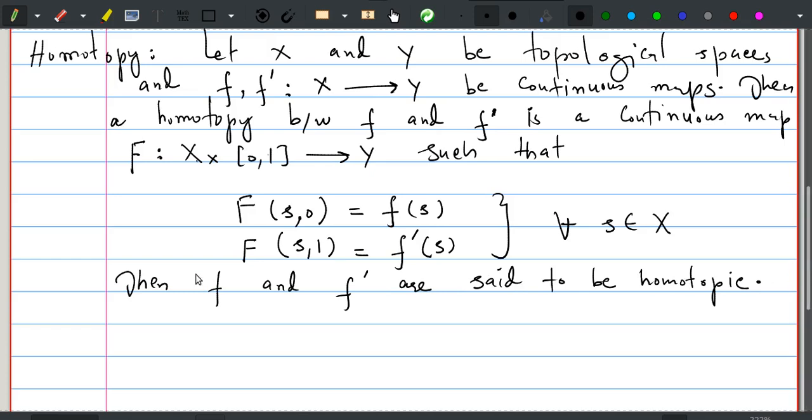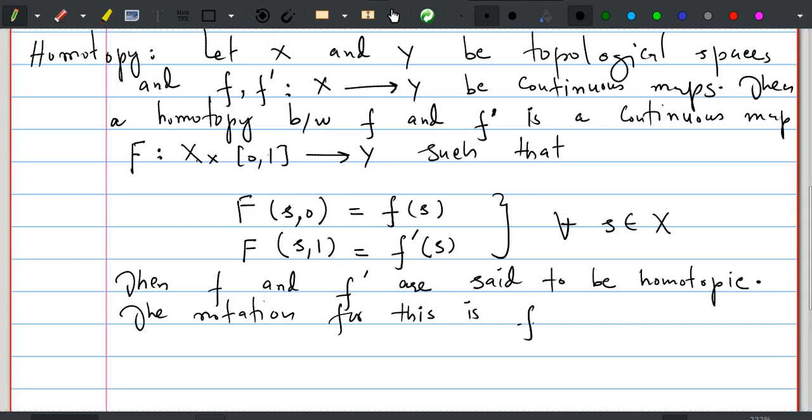The notation for this is f is homotopic to f prime.